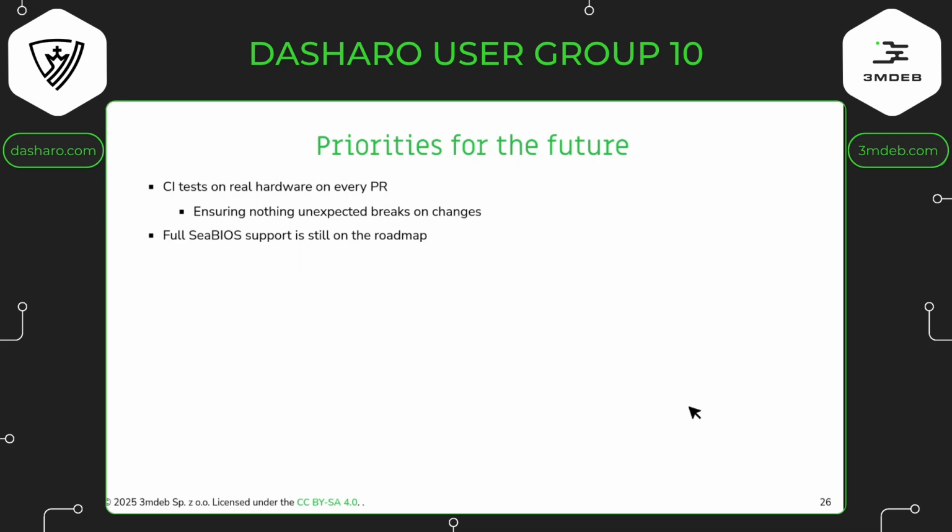So by doing these tests in CI on hardware, we hope to ensure that the release cycle will become faster. So that's our main priority for the next quarter.